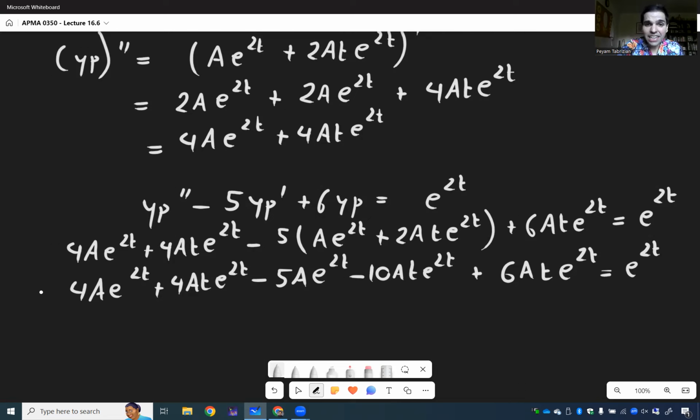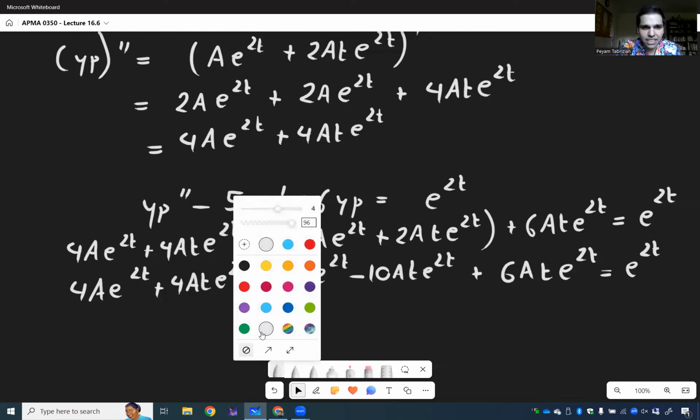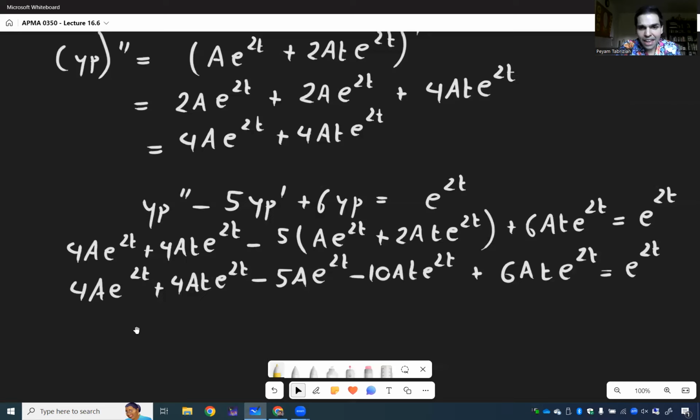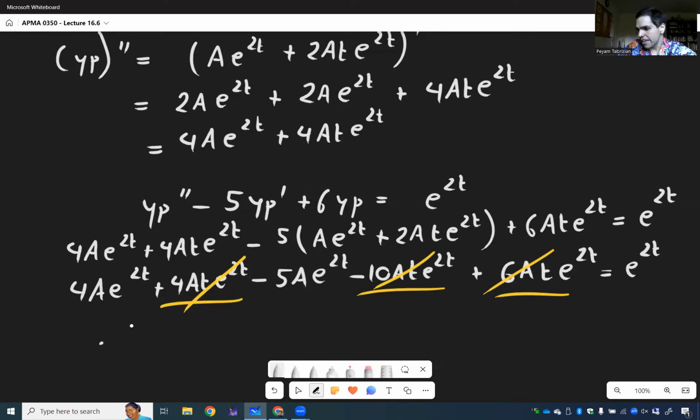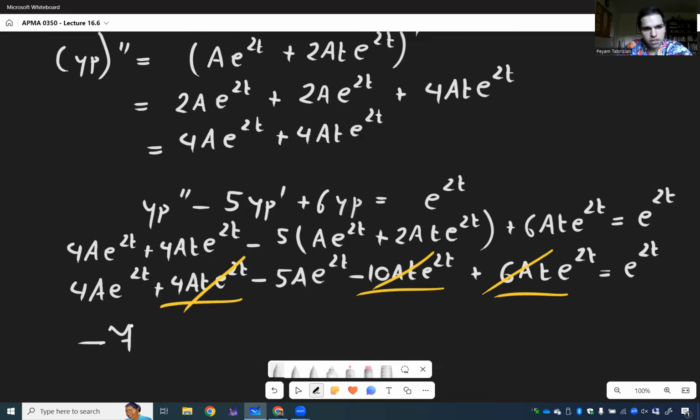And the cool thing is, if you do this carefully, you may notice that all the a t terms cancel out, because we have 4at minus 10at plus 6at. This cancels out. And in the end, we can compare the terms, because then we get minus a e to the 2t equals e to the 2t.